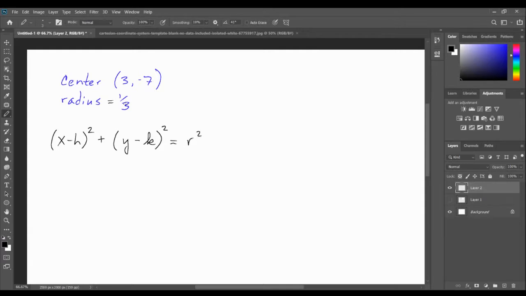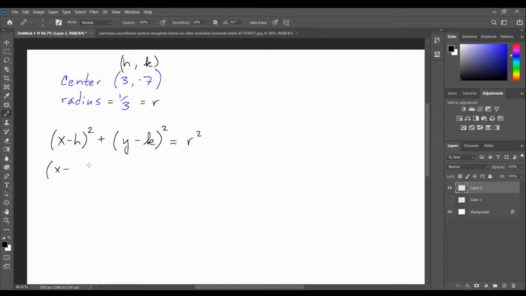Well, our radius is the r. The center is always h, k. And so now that they've given us the center, so they've given us the h, they've given us the k, they've given us the radius, so we could just plug those into our formula here.